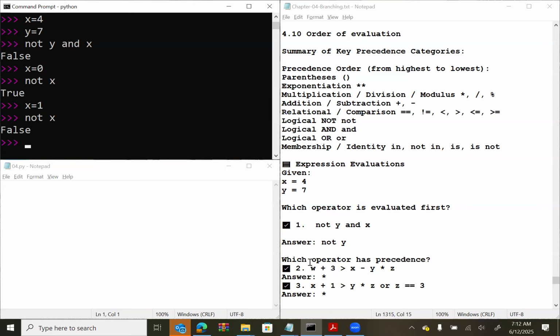So, which operator has the precedence? Which one will be solved first, guys? w + 3 > x - y * z. So comparison operators, where is the comparison operator?